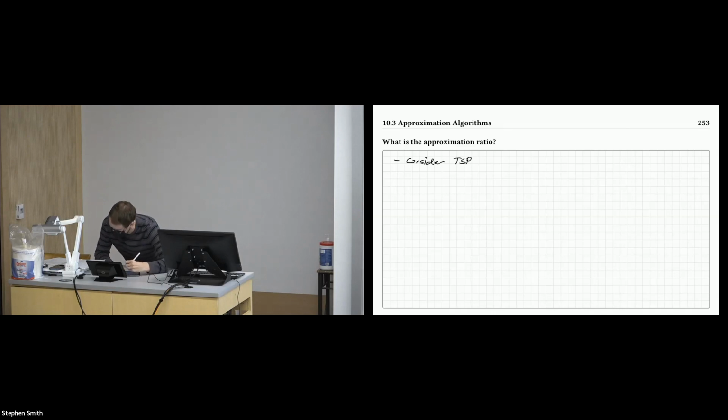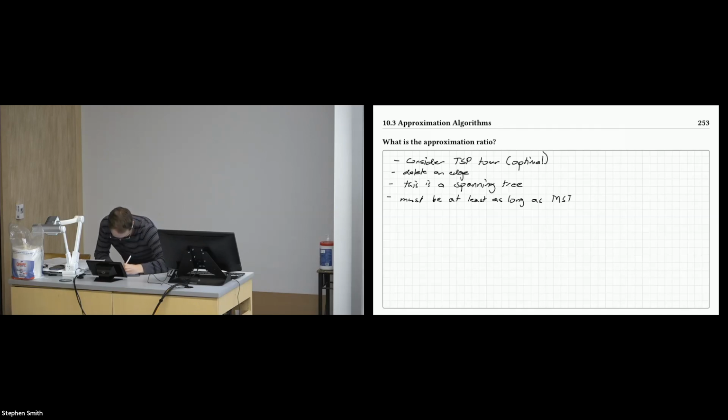So consider the TSP tour, the true optimal. Delete an edge. This is a spanning tree, which must be at least as long as the minimum spanning tree.